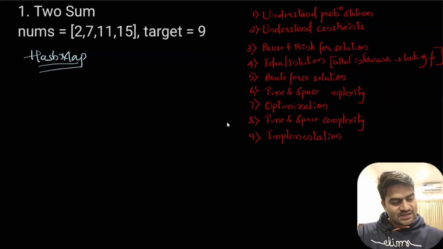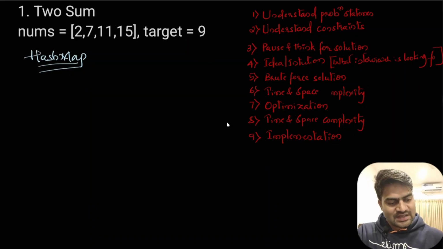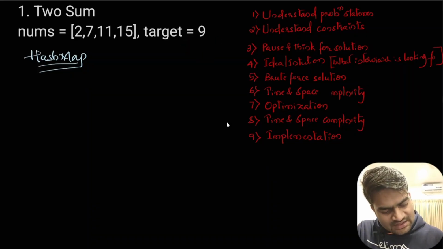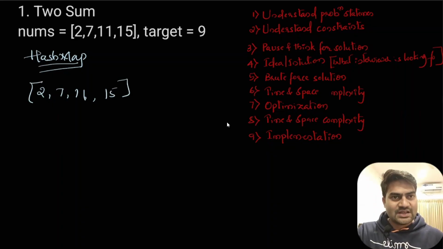In this case, I will put a reference point and then iterate over all the elements. Then I will sum up and see whether it gives us this particular target. So the array is 2, 7, 11, 15.